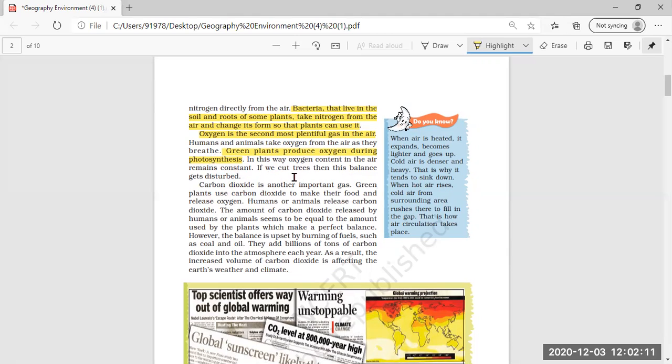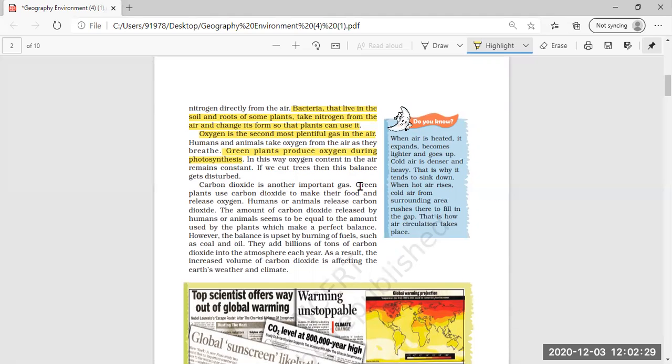Green plants take carbon dioxide, which is released from human beings and animals, and in return they produce oxygen during photosynthesis. In this way, the oxygen content in the air remains constant.